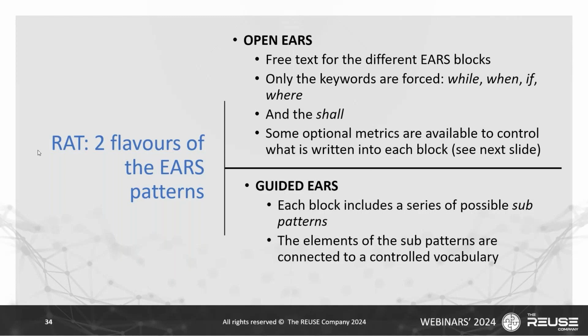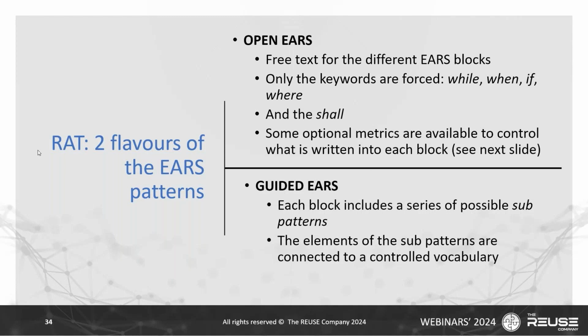This has been implemented in the guided ES, right? So this allows the tool to guide the writer of the requirements based also on the information coming from the domain-specific dictionaries, to be more thorough guiding the author, right?